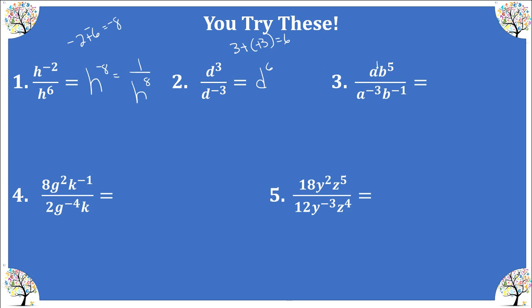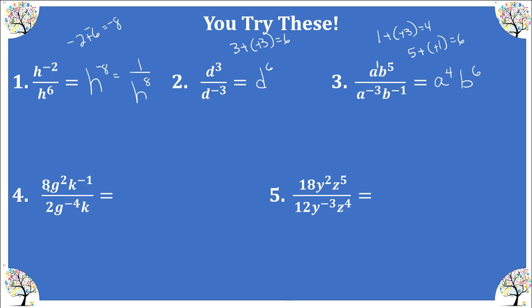I'm going to put a 1 on my a here. So we have a, 1 minus negative 3, keep, change, a to the power of 4. Then we have a b factor, 5 minus negative 1, keep, change. We have no negatives, and we're good to go.